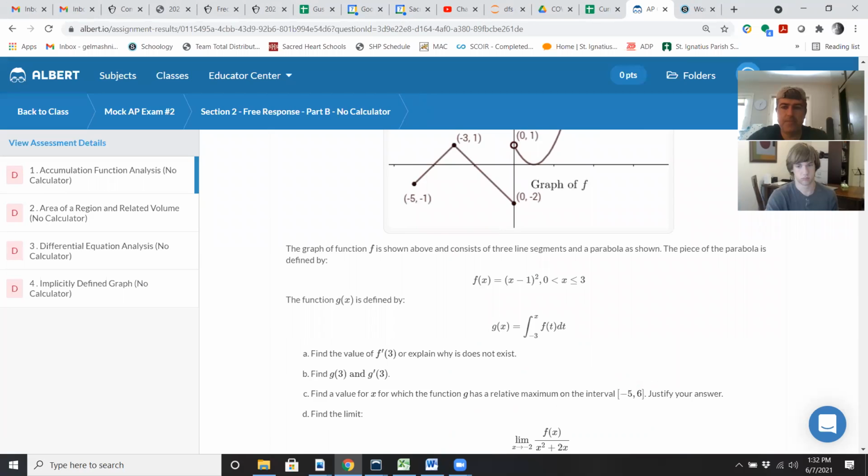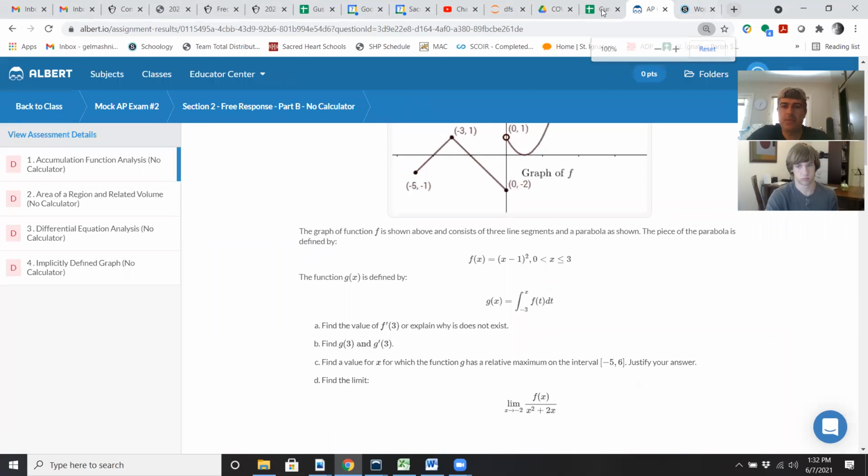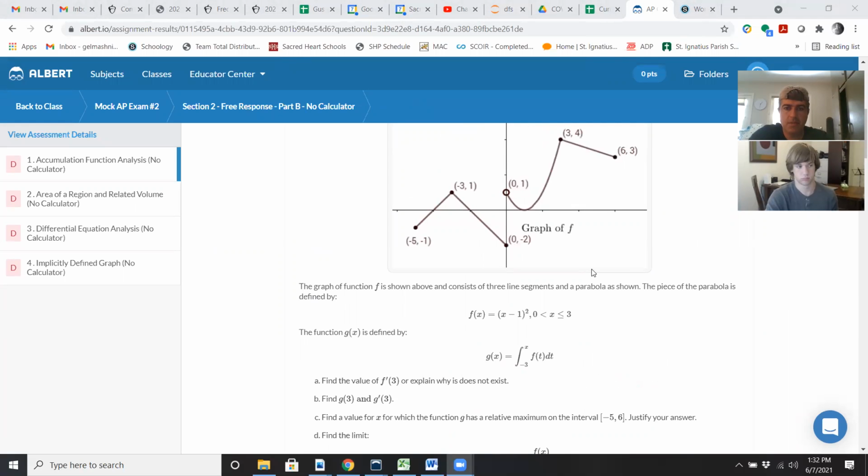We zoom out. Hold on. Huh, not sure why it's not resizing it.